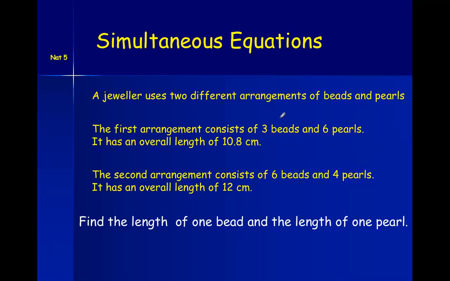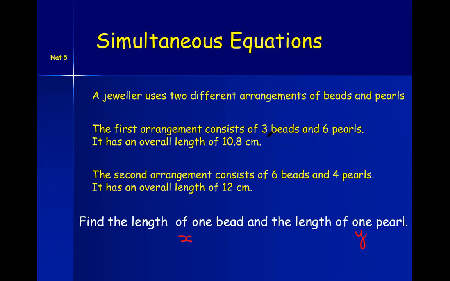So we decide that x is going to be the length of one bead, so this is what you need to decide, and the length of one pearl we're going to call y, because we're looking for x and y, two letters that are used by mathematicians a lot. Sometimes you can say, oh, I'm going to call it B and P. It's up to you. You can just decide how you want to call it.